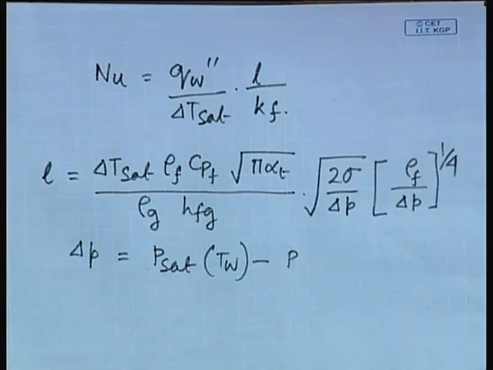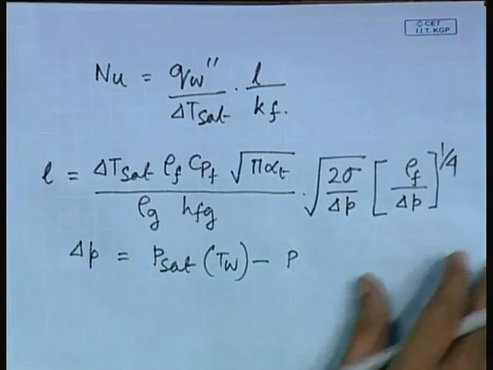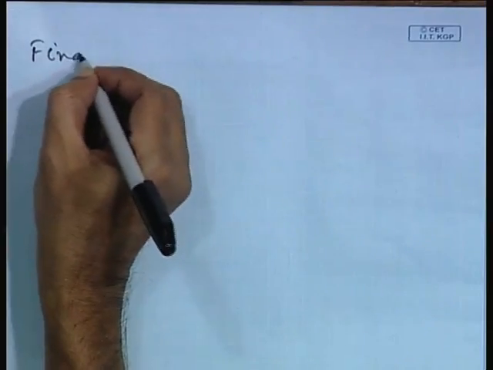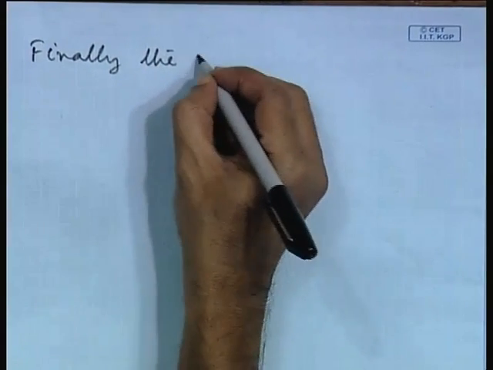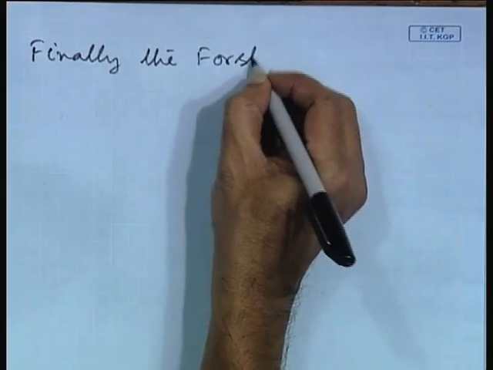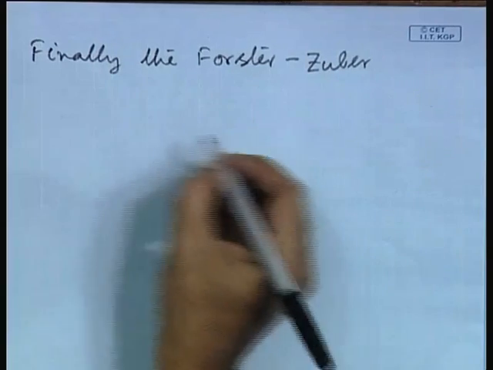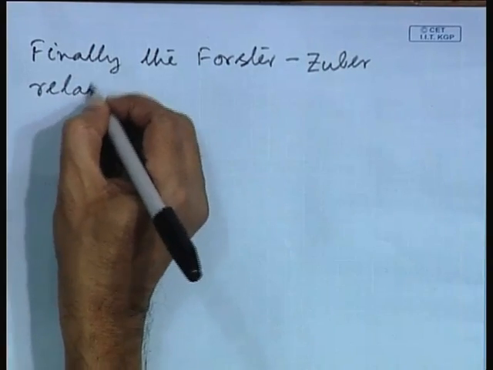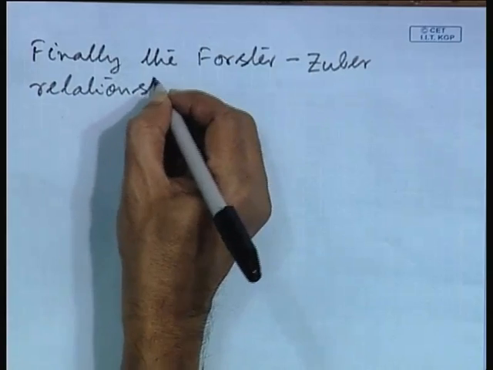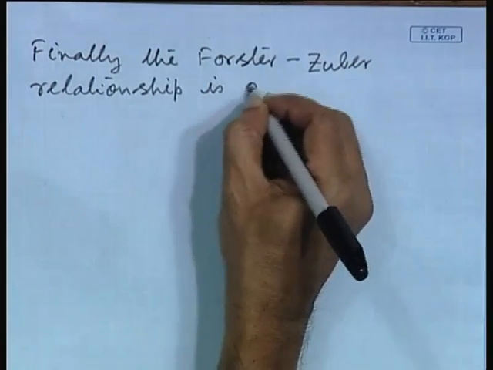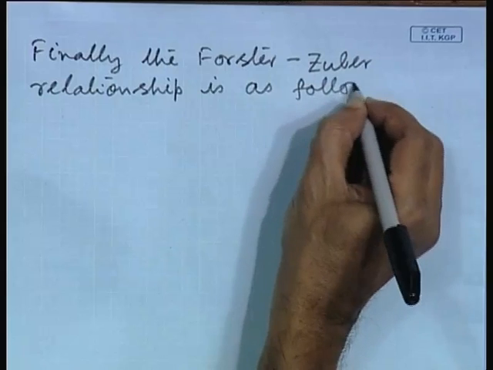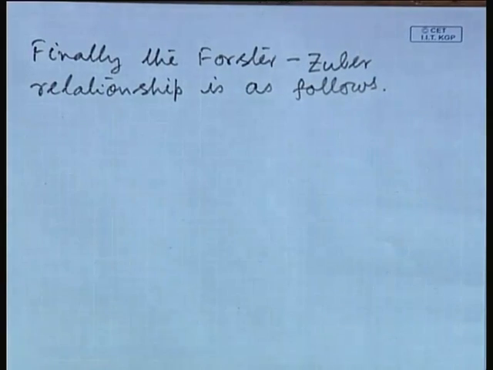Now, whatever I have done with this, if I now consolidate the formula, so I will get finally the Forster-Zuber relationship as follows. What is this relationship?